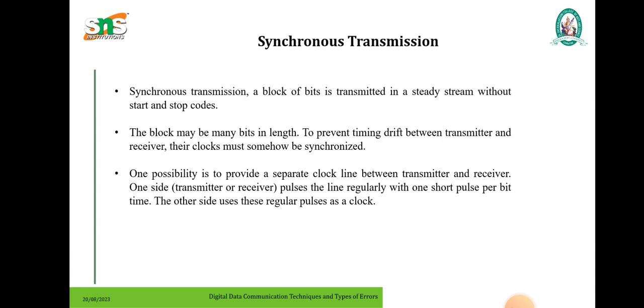One possibility is to provide a separate clock line between transmitter and receiver. One side, either the transmitter or receiver, pulses the line regularly with one short pulse per bit time. The other side uses these regular pulses as a clock.